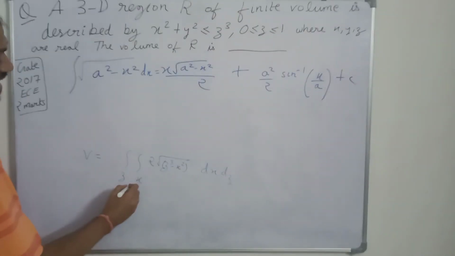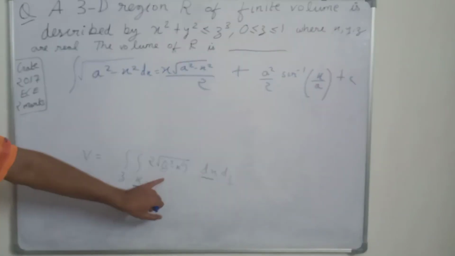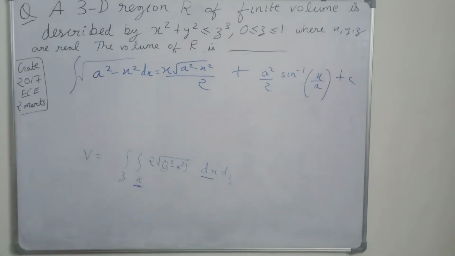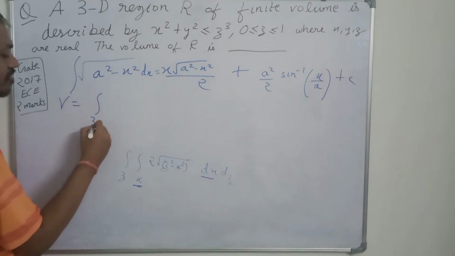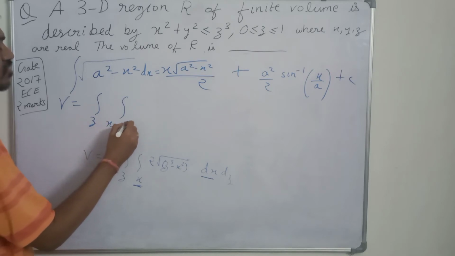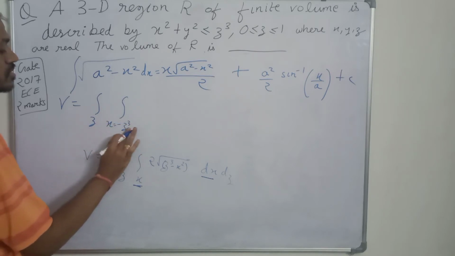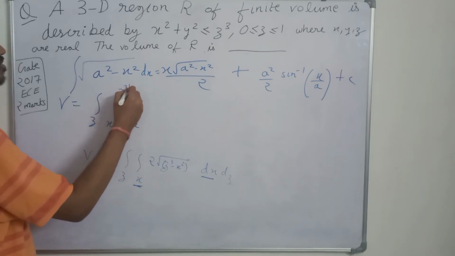So here what we are integrating is with respect to x. So a square is equal to z cube here. So volume will be equal to the integral over z of 2 times the integral of x from minus z to power 3 by 2 to plus z to power 3 by 2.